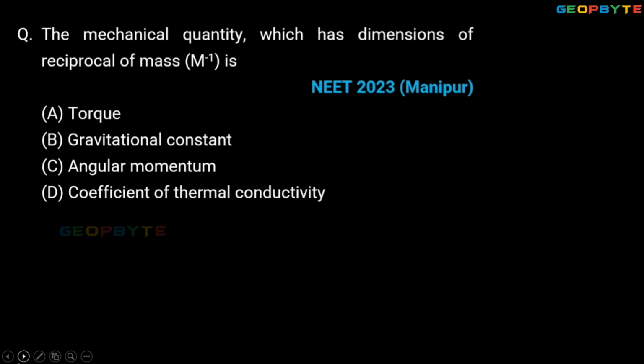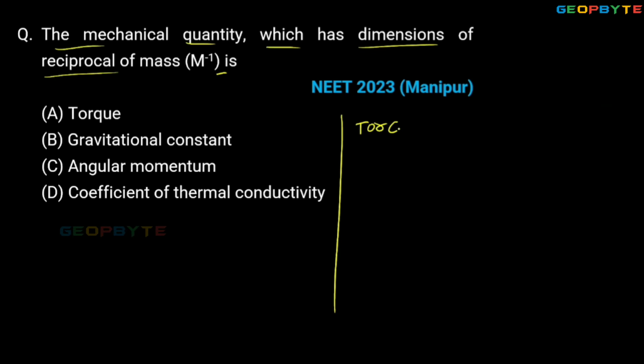Look at this question. It is asking like this: the mechanical quantity which has a dimension of reciprocal of mass, that is M power minus 1. Among the given quantities, which quantity has the dimension M power minus 1? First, look at the torque. Torque is force multiplied by perpendicular distance.